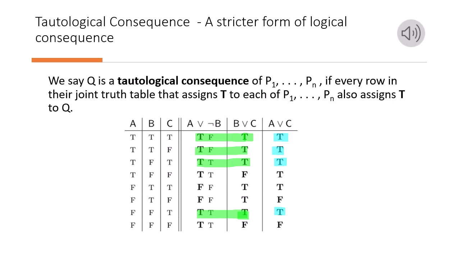If another sentence is a tautological consequence of these premises, then when we construct the column associated to that sentence, we'll also get T's in these exact same rows. And you'll notice here that for that sentence, A disjunction C, we get T's in each one of those 4 highlighted green rows. And so we can think about that sentence as being a tautological consequence of those 2 premises.